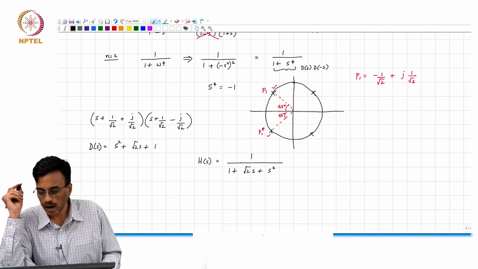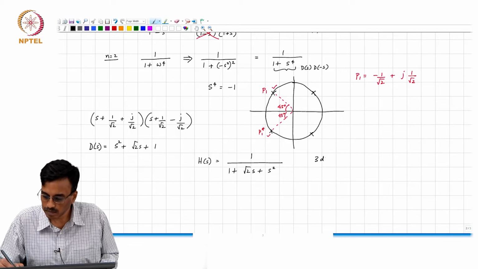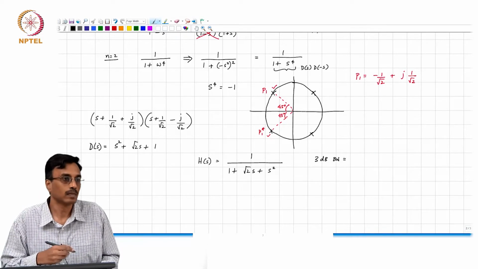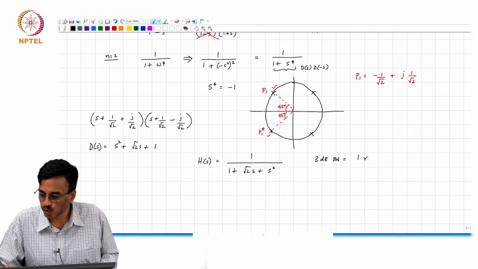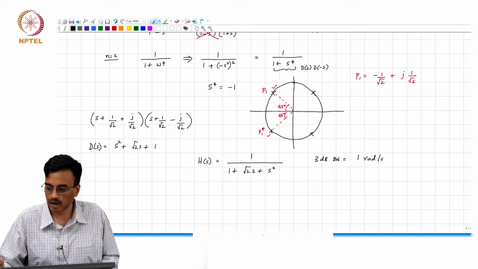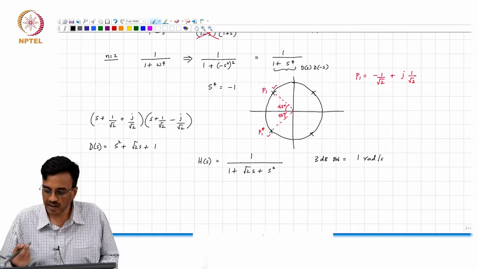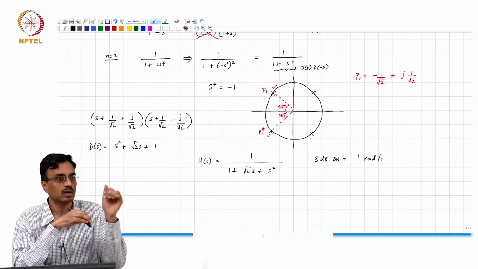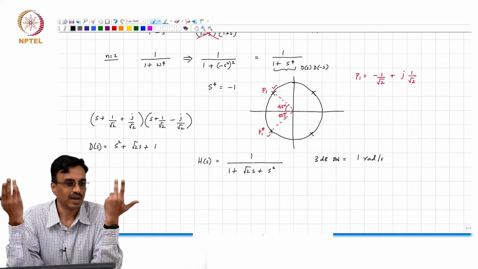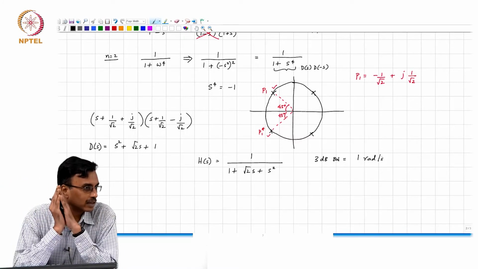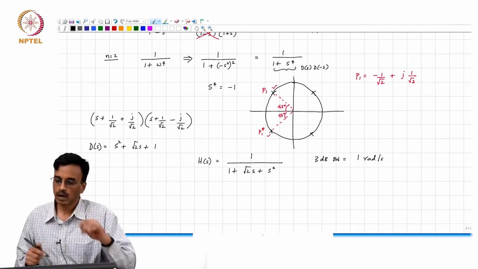Okay. And what is the 3 dB bandwidth? This is 1 radian per second. Okay. So, in general, if you want omega c radians per second, what would we do? Simply replace s with s by omega c. All right.